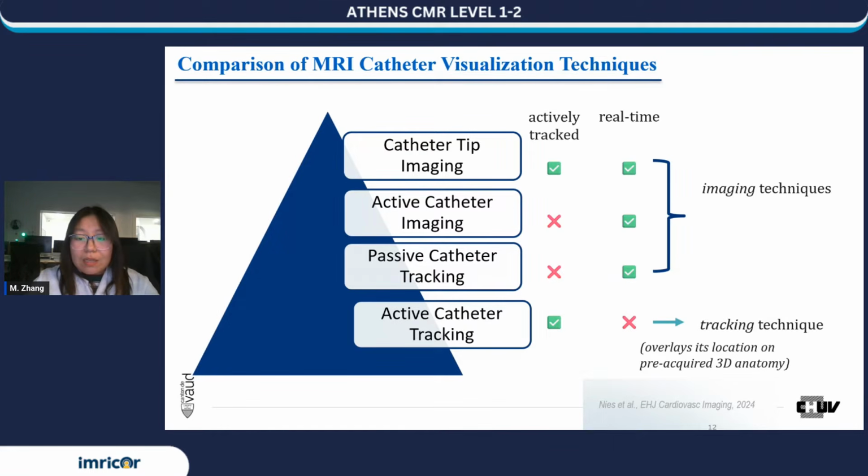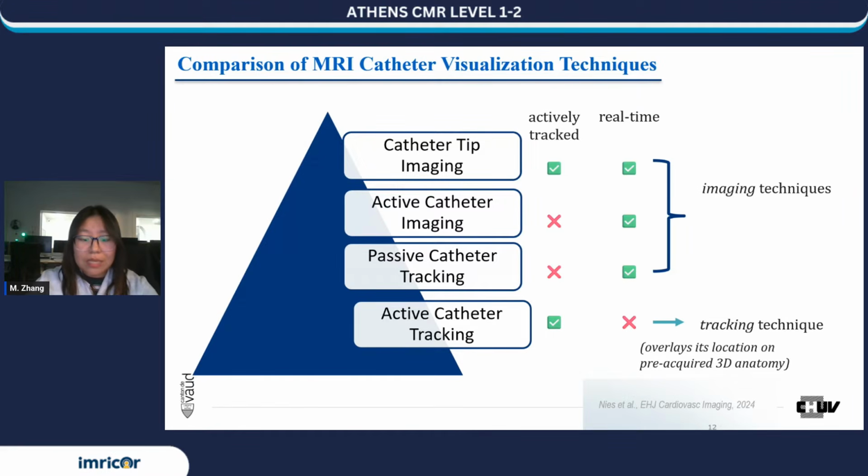Lastly, catheter tip imaging is both real-time imaging and active tracking. It's the key strength we are interested in today. It's important to note that the first three are the imaging techniques, while the last one, active catheter tracking, is a tracking method. But how do these imaging methods actually look on MR scans?